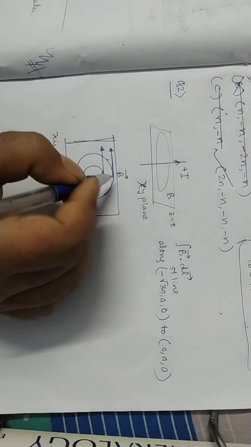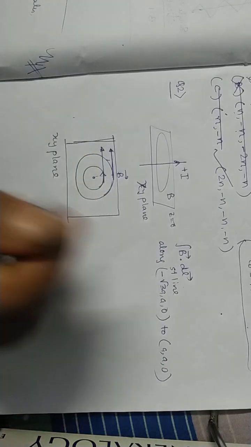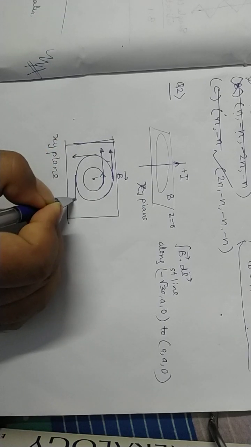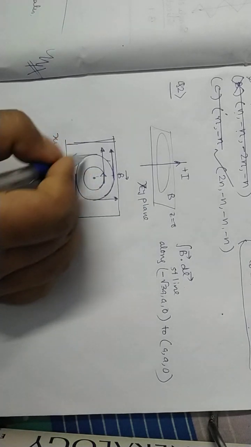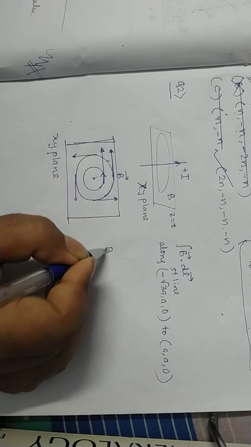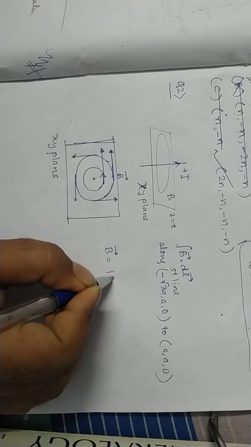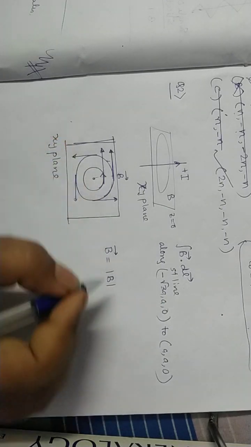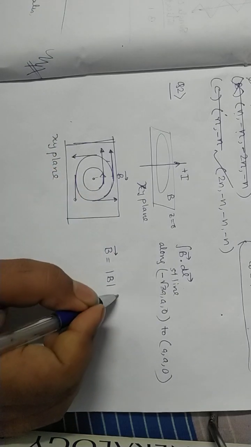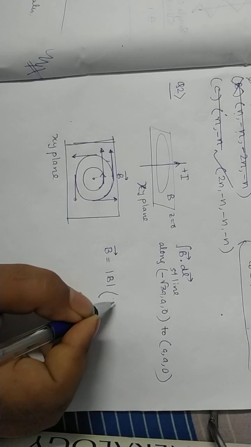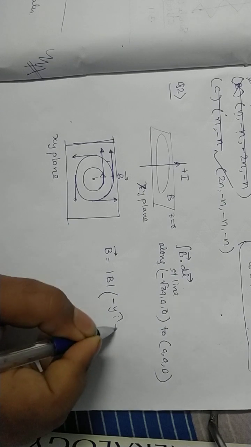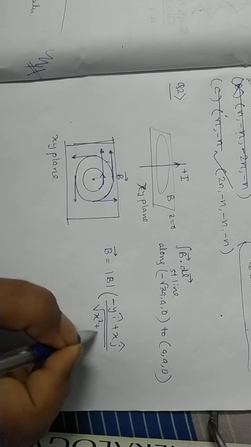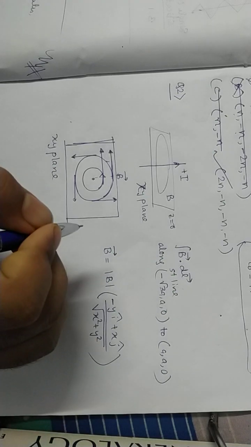So this vector field B can be expressed as the magnitude of B and the unit vector in the direction of B, that is, it can be defined as minus y i plus x j by root over x square plus y square.